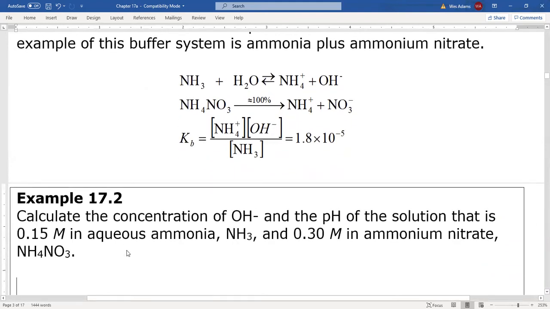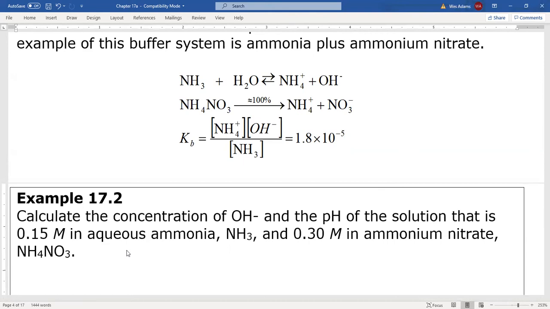So we'll work essentially the same type of problem, except now the concentrations aren't the same, so it won't quite work out so neatly. We've got ammonia's ionization, ammonia reacting with water to produce the ammonium ion and hydroxide.